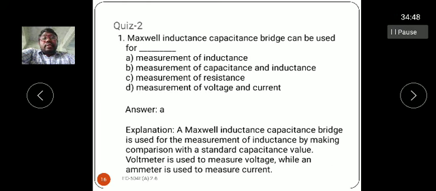Here we have a small explanation about this particular question. A Maxwell's inductance capacitance bridge is used for measurement of inductance by making a comparison with the standard capacitance value, and the voltmeter is used to measure the voltage while an ammeter is used to measure the current.